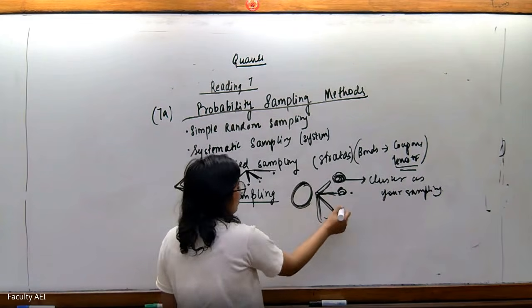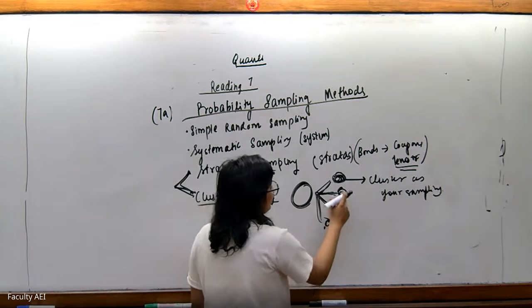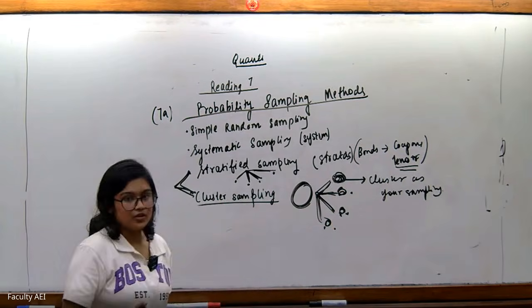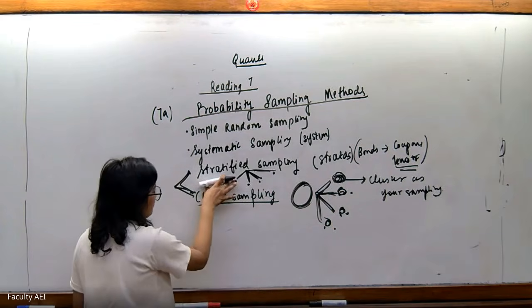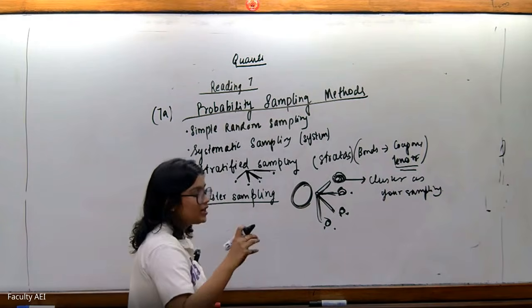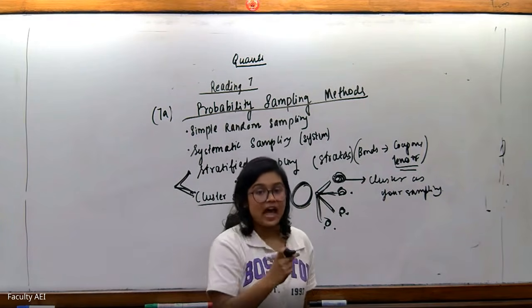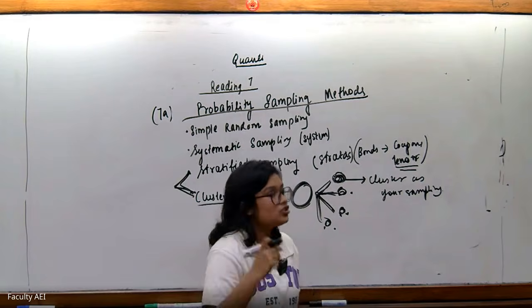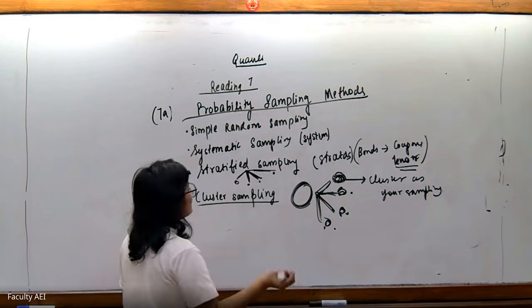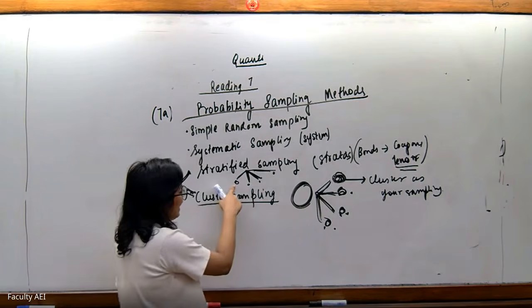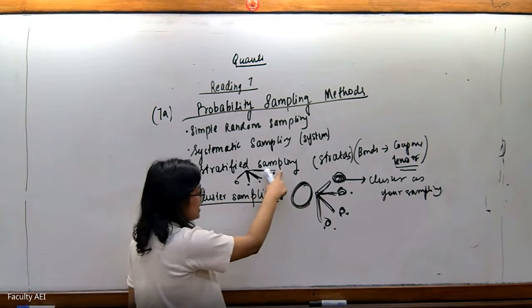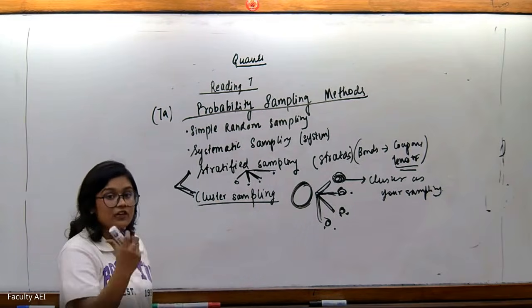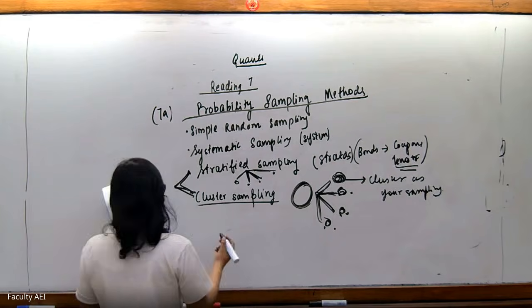In each cluster, all these types of bonds are present. So you can choose any cluster and do your sampling. In stratified sampling, each strata contains bonds which have some particular characteristic, so you do not take up each strata entirely. You select some bonds from each strata and then make your final sample.